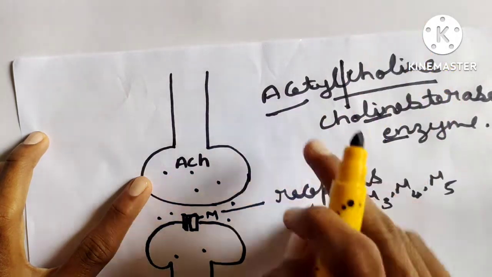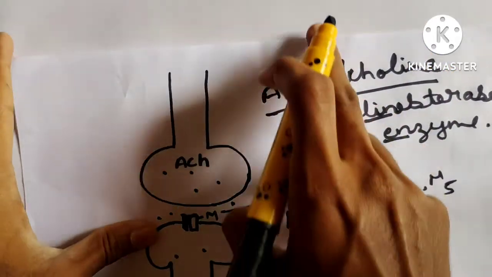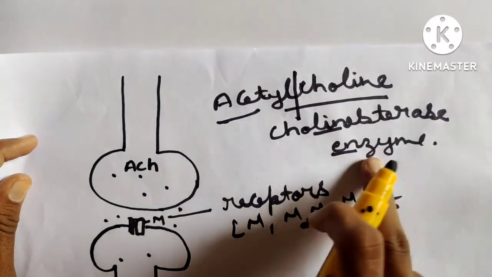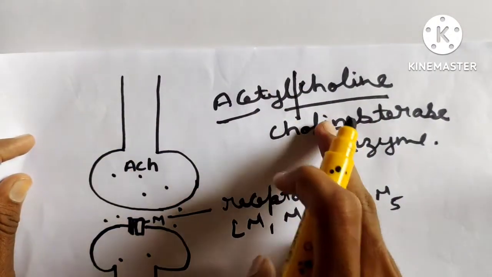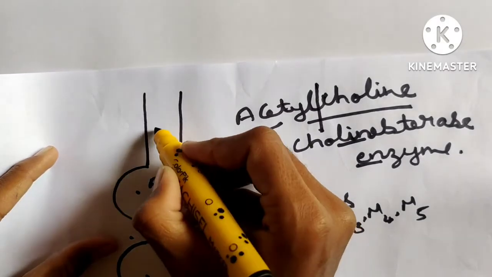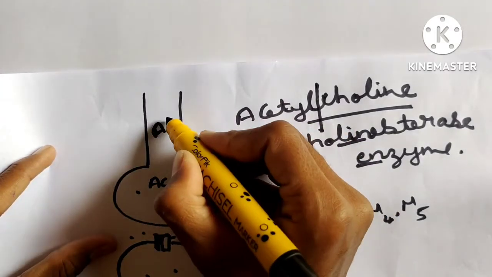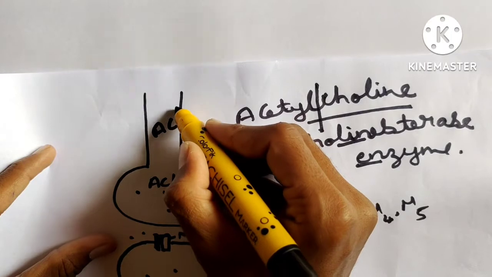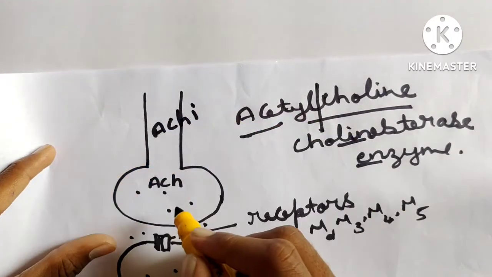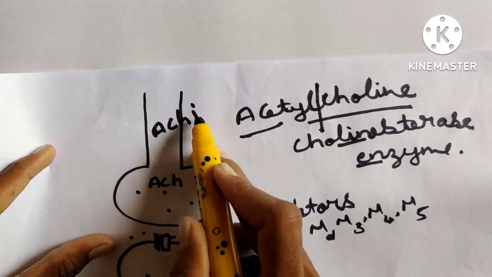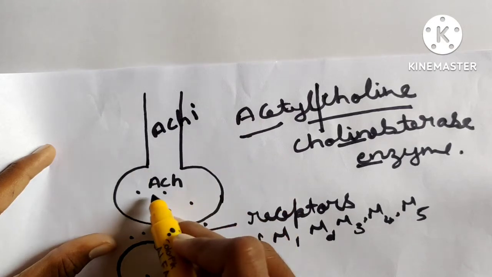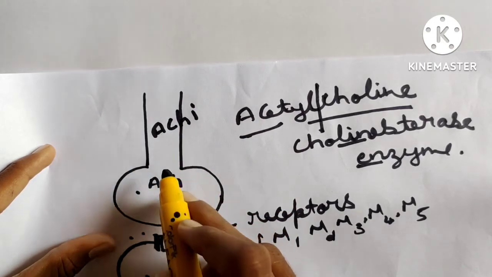I have told you the enzyme's work is to catabolize, so this catabolism is stopped by the acetylcholinesterase inhibitors, AChI. Better understand this short term, AChI.